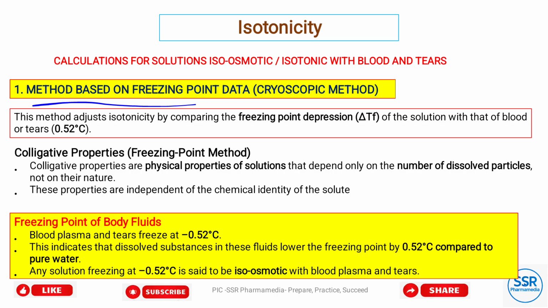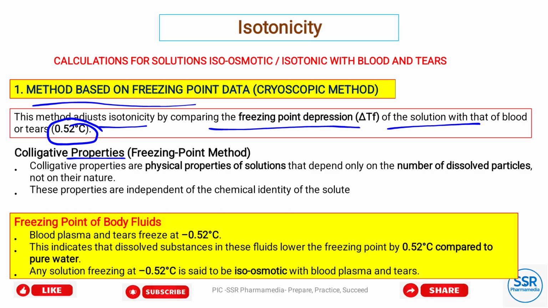In this method, we adjust isotonicity by comparing the freezing point depression, delta Tf, of the solution with that of blood or tear. The blood or tear freezing point depression is minus 0.52 degrees Celsius.